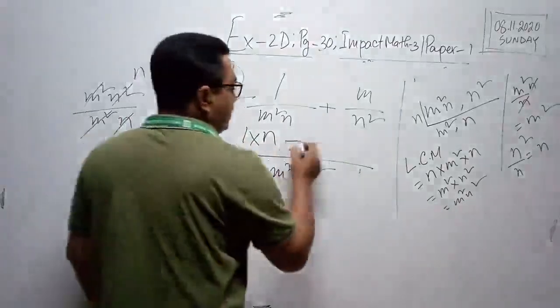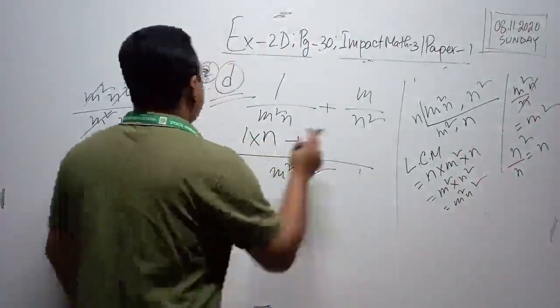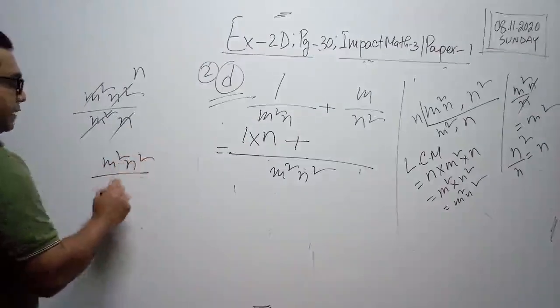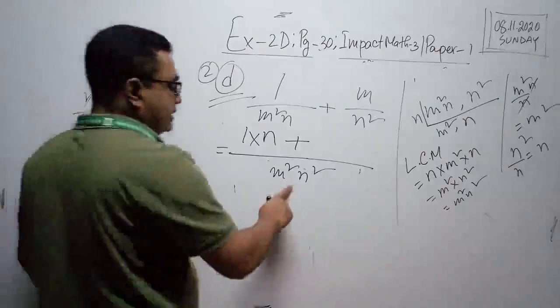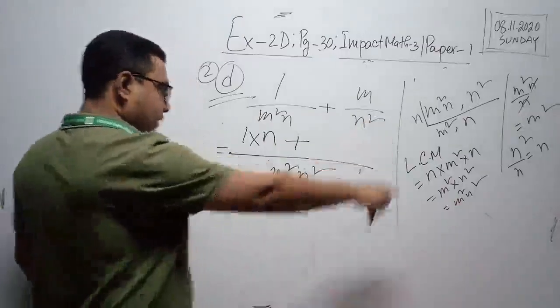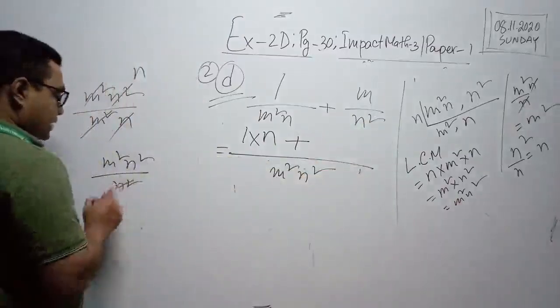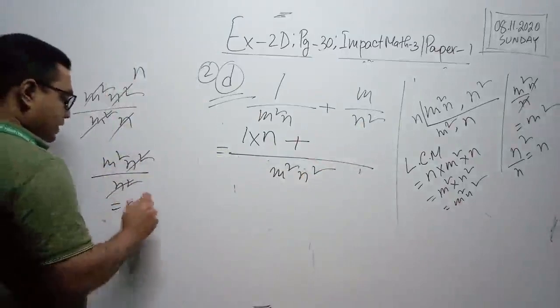Next, this plus sign. The LCM m square n square will be divided with the denominator of the last term, n square. So what do we have? m square.